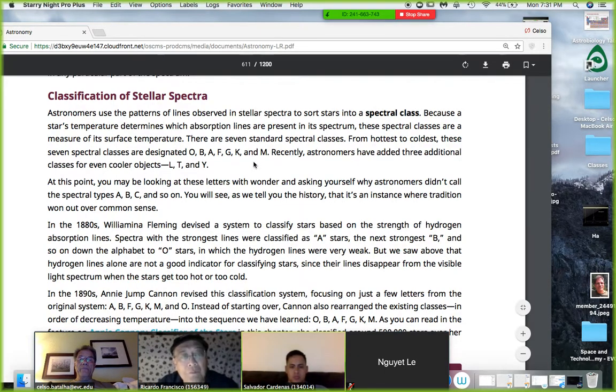And they found there are stars that are even cooler than M stars, 3000 Kelvin. They are classified as L, T, and Y. So L, T, and Y are termed brown dwarfs. Brown dwarfs are stars that don't have enough material to ignite fusion reactions in their very core.